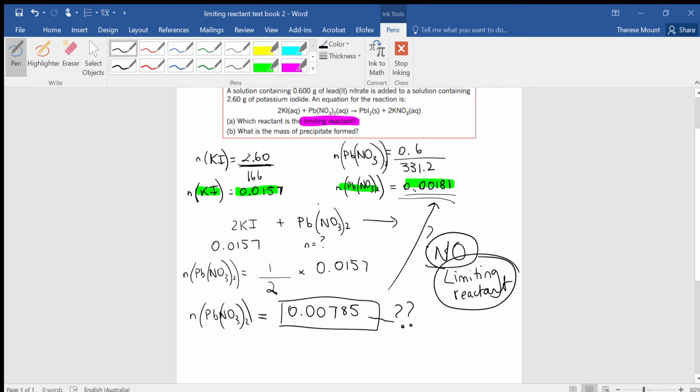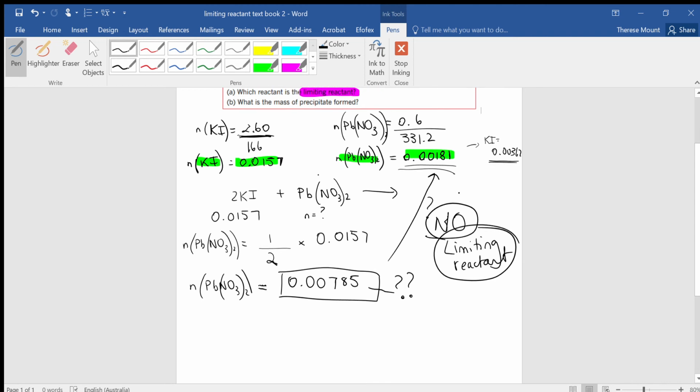So the amount of potassium iodide that will react with this much will just be double. You could have used your molar ratio method to work that out. 0.00362. That's how much will react.